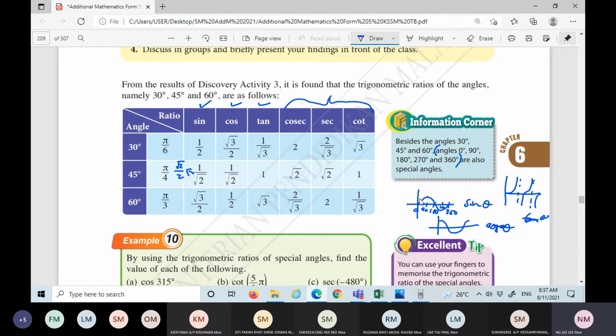Sine 90 here is 1. Sine 180 is 0. Sine 270, this one is -1. Sine 360 is 0. So I use the graph to help me get the special angle. And also same thing, you can use a calculator to get it also.